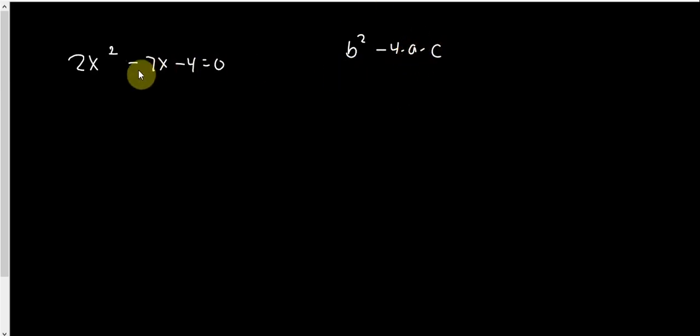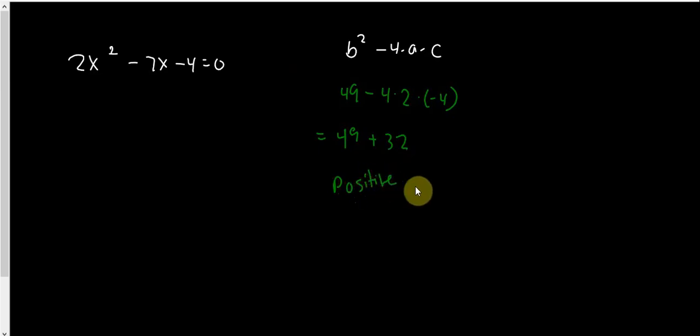So b squared, negative 7 squared, is 49, minus 4 times a, which is 2, so times 2, and c is negative 4. So 49, minus 4 times 2 times negative 4. Well, I have a negative times a negative, that's going to end up being a positive, or a plus. 4 times 4 is 16, times 2 is 32. So this thing is positive, greater than or equal to 0. What that means is when you solve this, I'm going to get two real solutions.